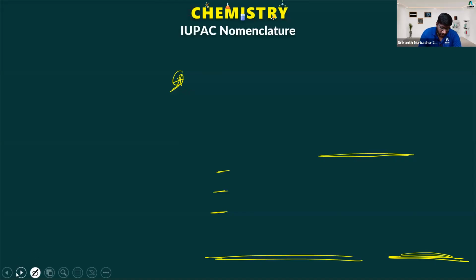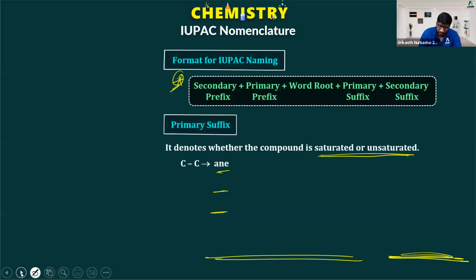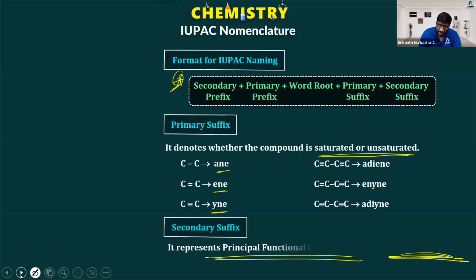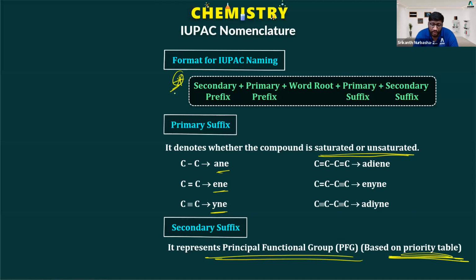Last class we studied IUPAC nomenclature, and different rules were given to you. The format of naming an organic compound according to IUPAC nomenclature is: first comes the secondary prefix. Secondary prefix gives an idea regarding the substituents, what type of substituents are present.